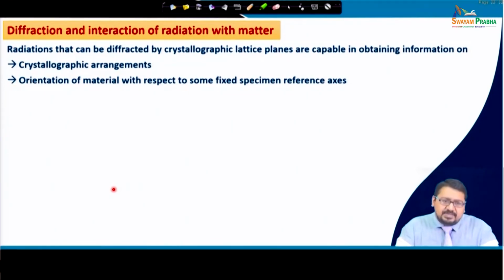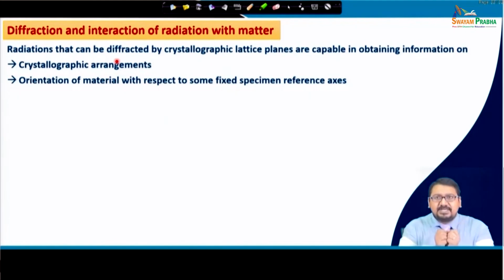with the matter, we can see that when the radiation initially falls on the atom, it basically scatters in all directions. Now, we are considering only one atom.